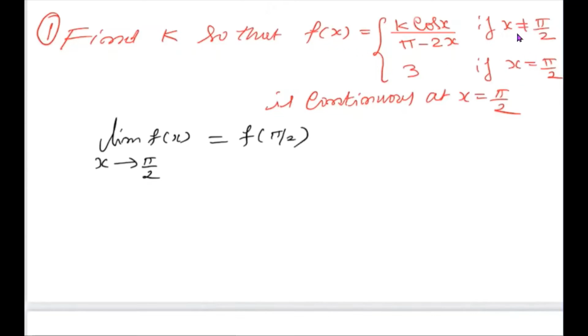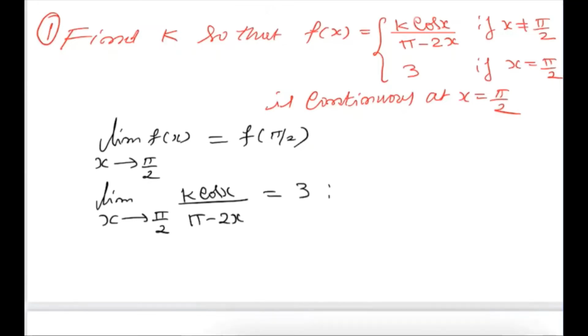And when x is not equal to pi by 2, the function is defined as k times cos x upon pi minus 2x. So here limit x tends to pi by 2, take k times cos x upon pi minus 2x, f of pi by 2 is 3.